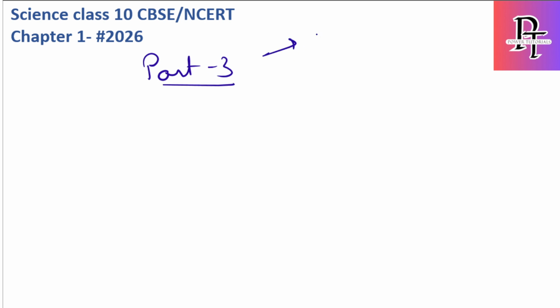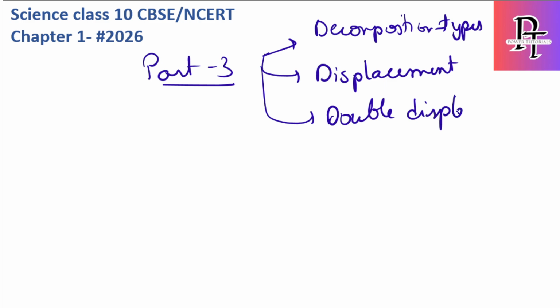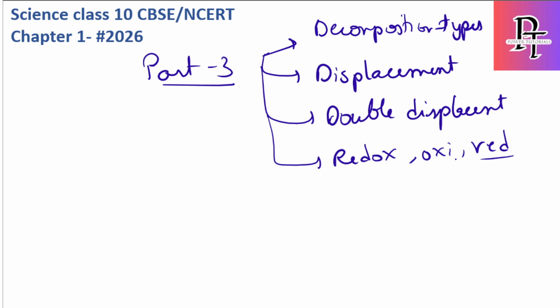As I mentioned, I will cover the types of decomposition, displacement, double displacement, and the last one, redox, which are oxidation and reduction reactions, in the next video. Mostly only 2 more topics will be left. We'll try to cover them in part 3, or else I'll give another part, part 4, and there I will conclude this whole chapter.